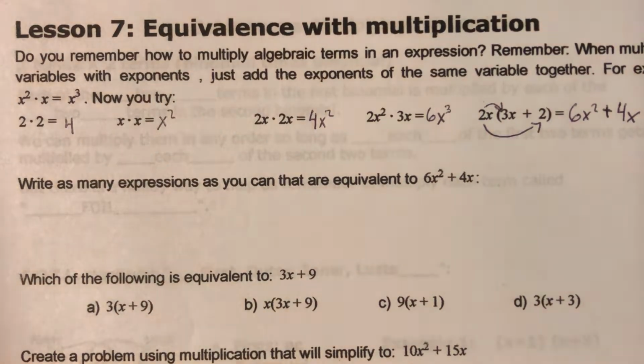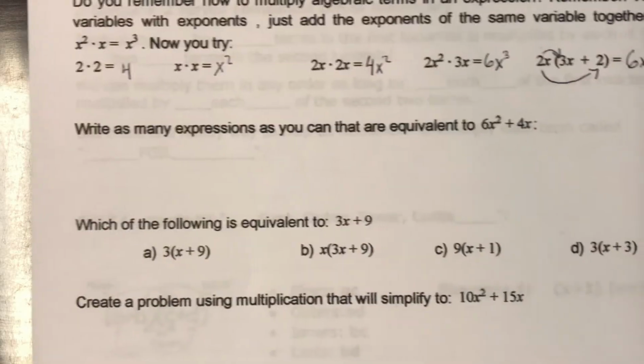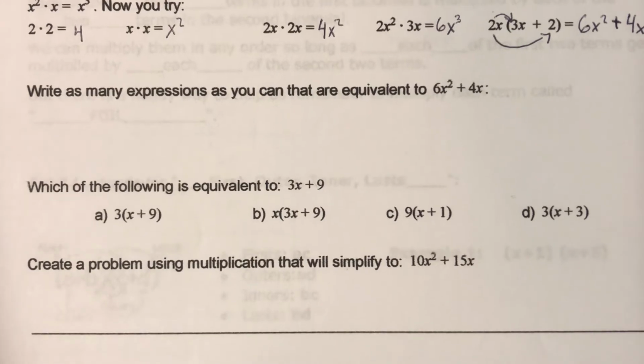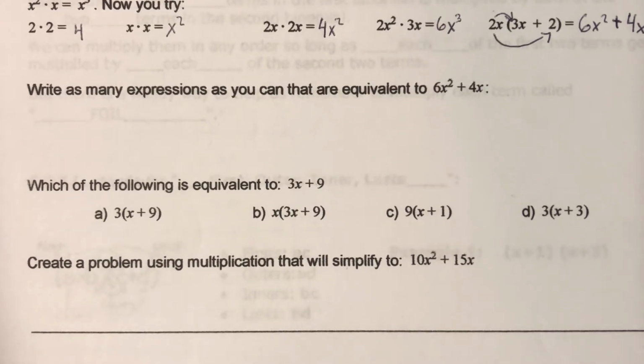All right. Now, for this one, write as many expressions as you can that are equivalent to 6x squared plus 4x. I'm going to give you one example, and then you guys can find some more.